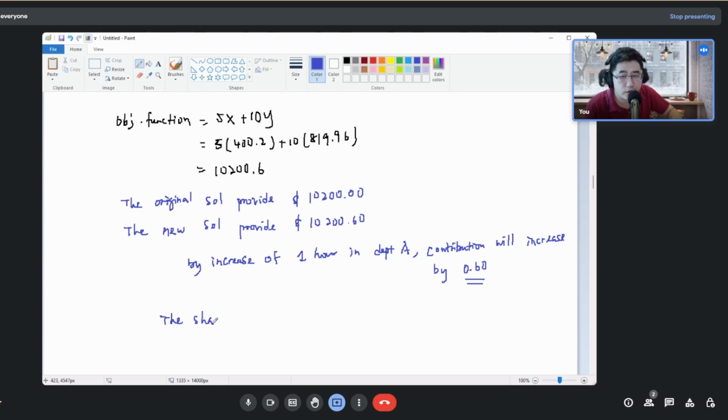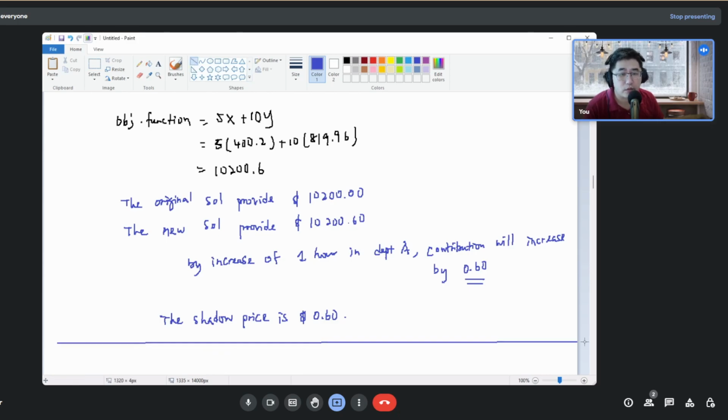We can also interpret it as, in order to increase 1 additional hour in department A, you need to pay an additional 60 cents for every increase of 1 hour. Don't care whether it's labor cost or machine cost or electricity cost or whatever, it depends on the equation given. So the shadow price will be 0.60.